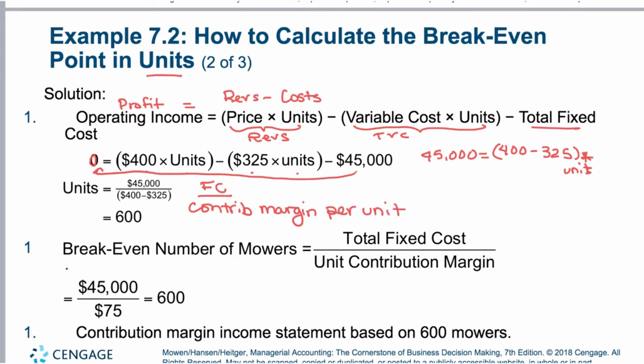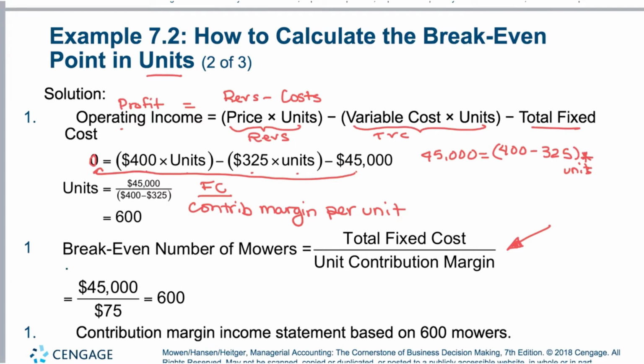Right, so that is basically starting from the operating income and getting to essentially our sort of simplified version of this equation, which is this one here, right? Our break-even number is going to be total fixed cost over unit contribution margin, right?